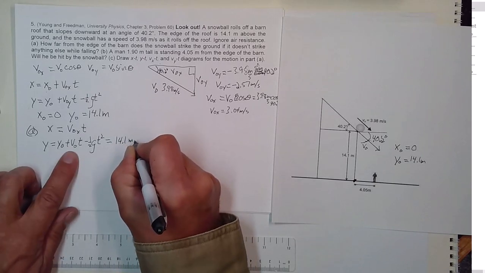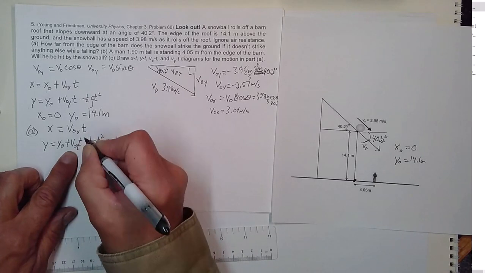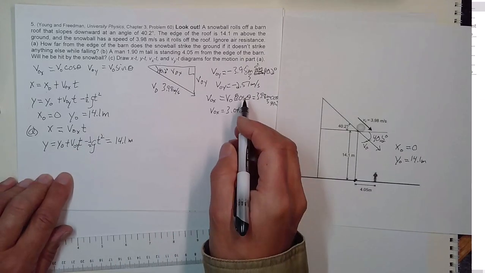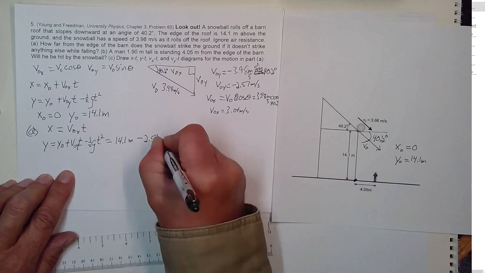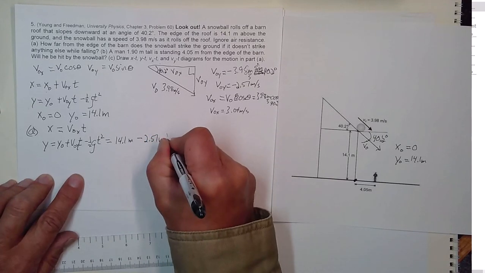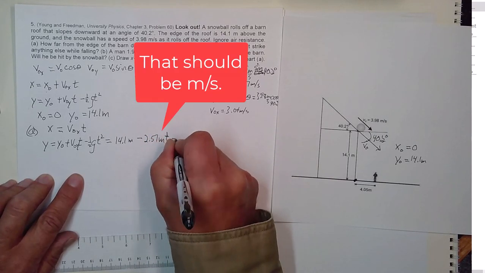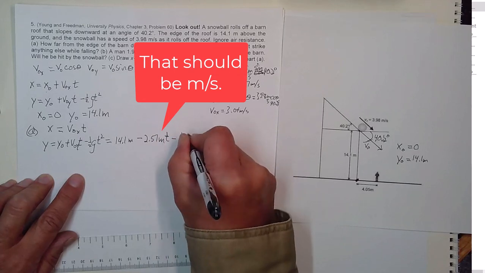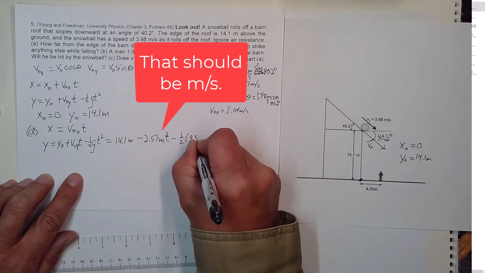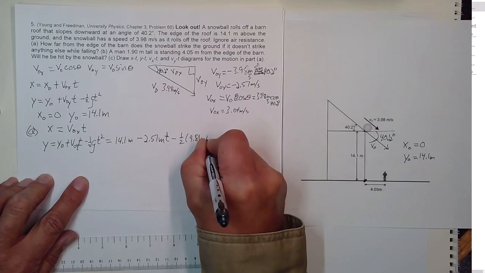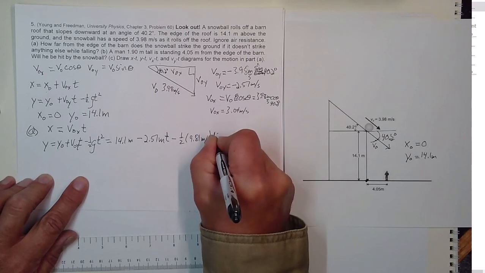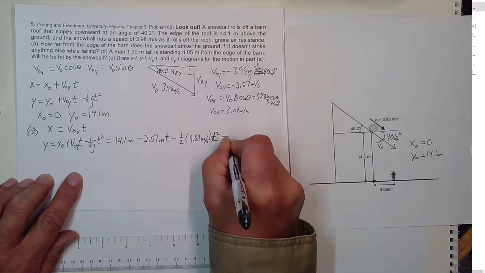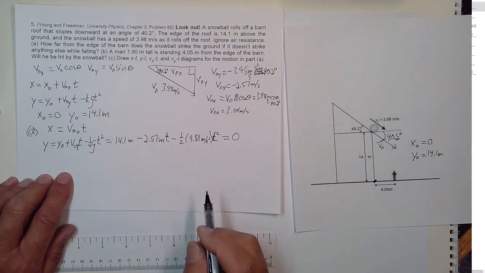Now, V naught y, is the negative one, minus 2.57 meters per second times t, minus 1/2 times 9.81 meters per second squared times t squared, and it's going to equal 0 when it strikes the ground.